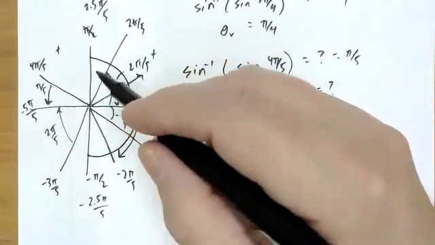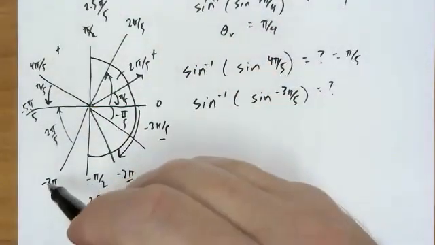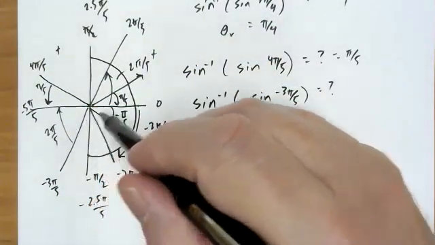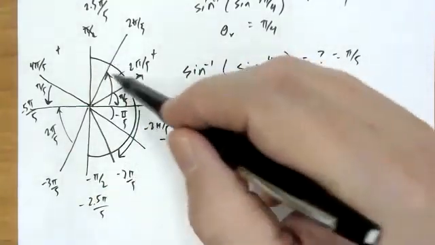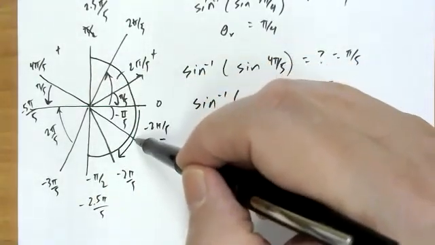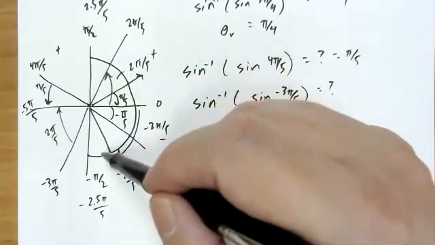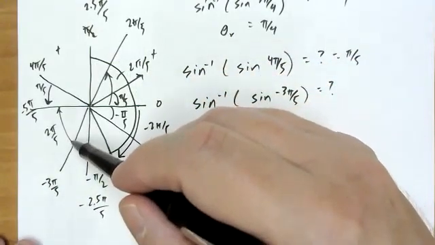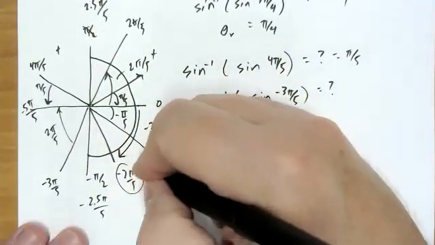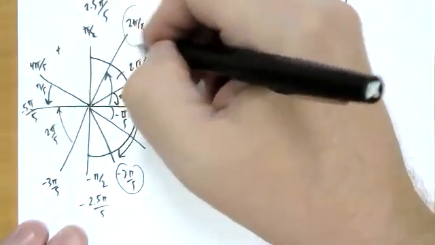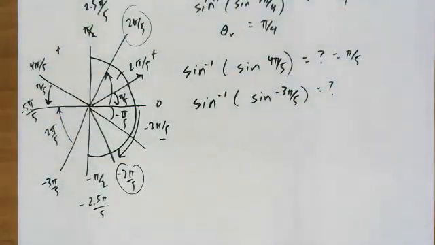So two possible reference angles. Once again, because my original angle, -3 pi over 5, is not within my allowable inverse function region, I have to look at the reference angles. So this is a possibility, and this is a possibility.